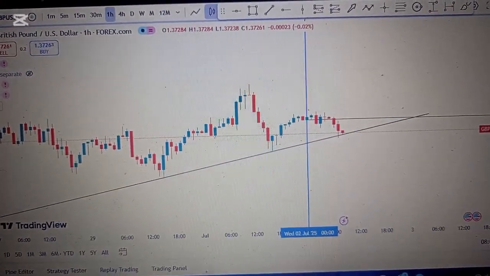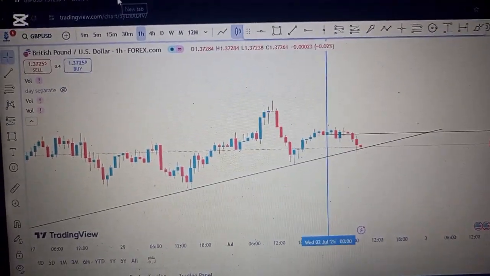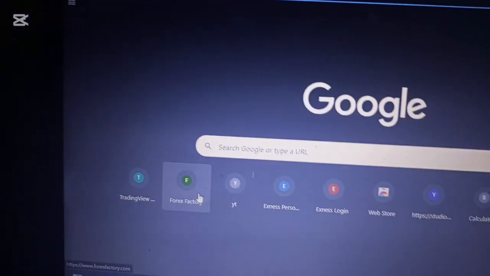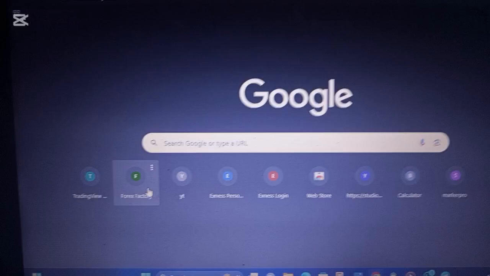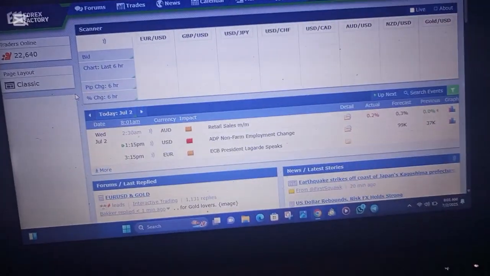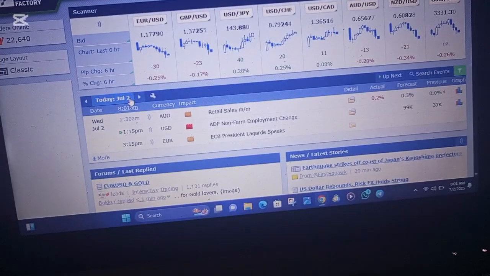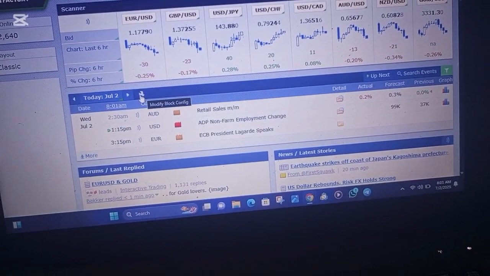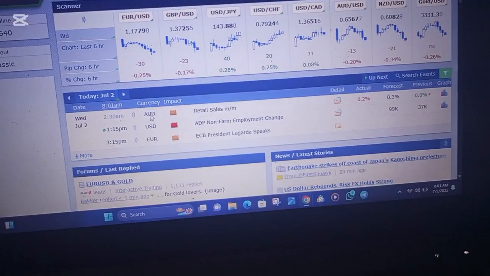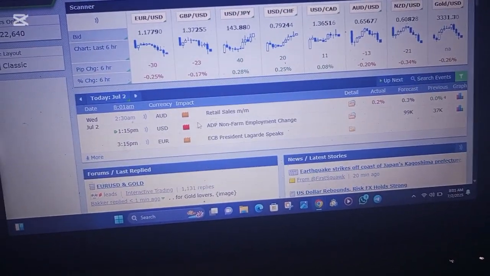Before you take any action, before you trade anything, make sure you go to Forex Factory and check upcoming news which might affect the market. Today is the 2nd of July 2025. There's no upcoming news on this London session.